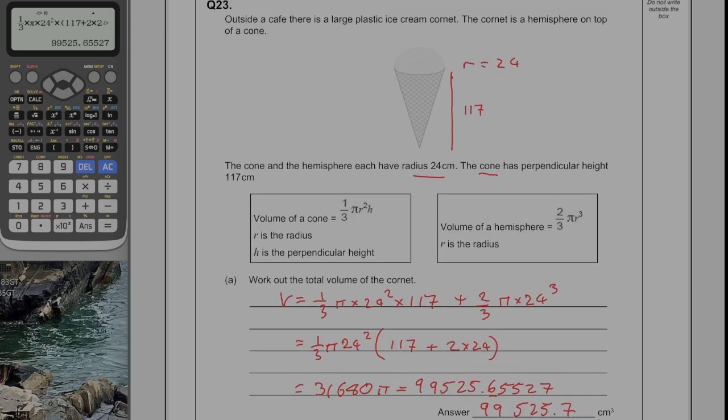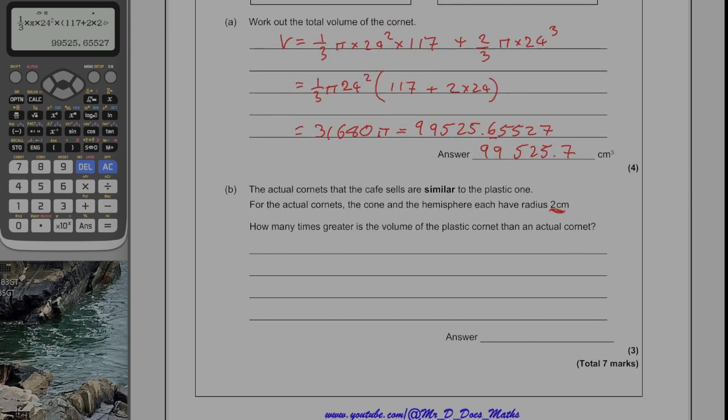Right, so our actual radius was 2, so real life, and then the model is 24. So there's a scale factor there between the lengths of 12. So the scale factor between the volumes is going to be cubed.